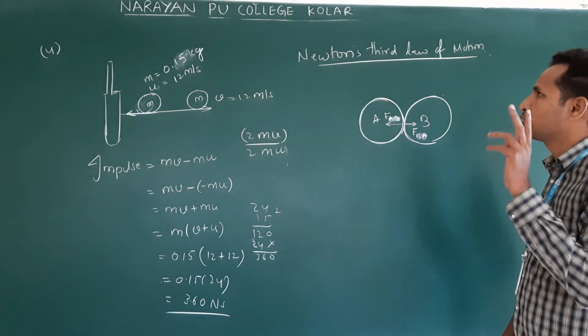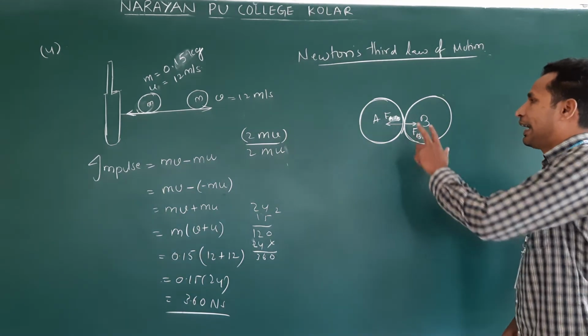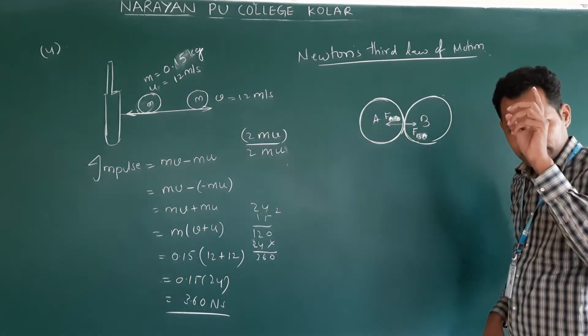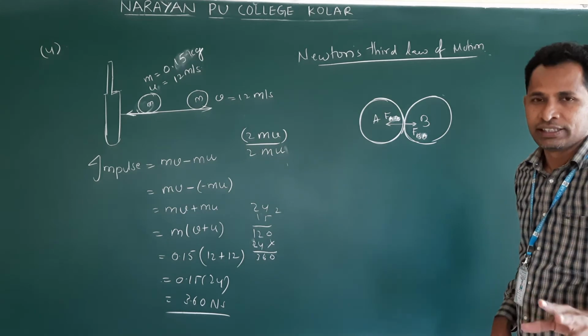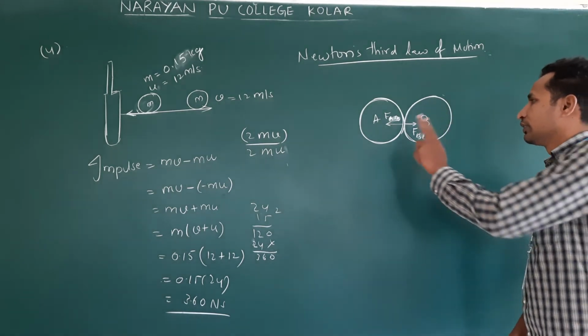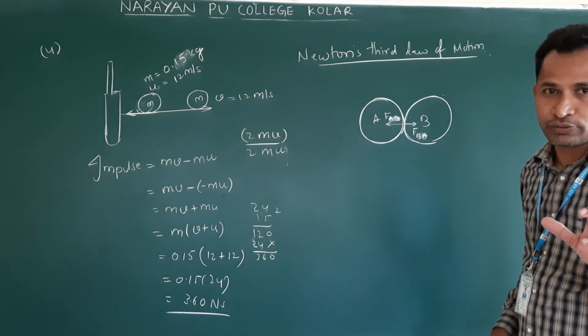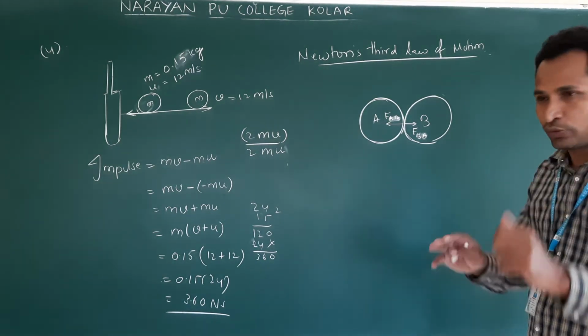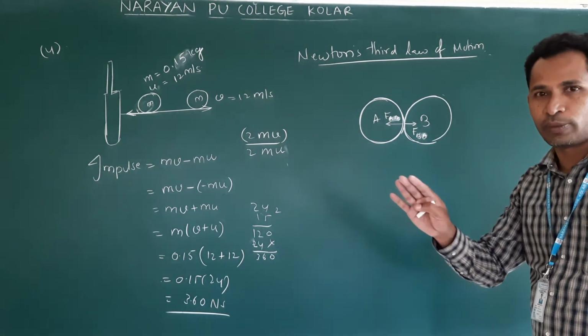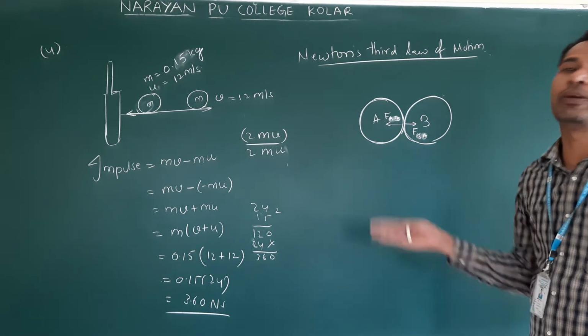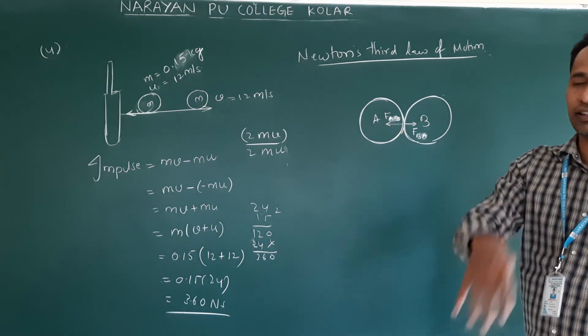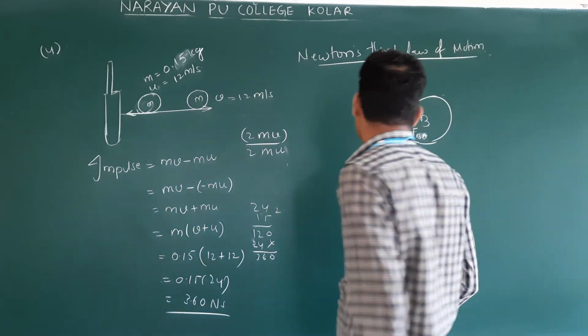Understand? So I wanted to say two important points. First point, action and reaction act simultaneously. Second point, action and reaction occur on two bodies when the two bodies are in contact. One body exerts force on the other one, and immediately the other body exerts force on the first body. So how to write this?